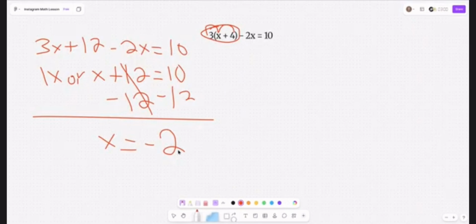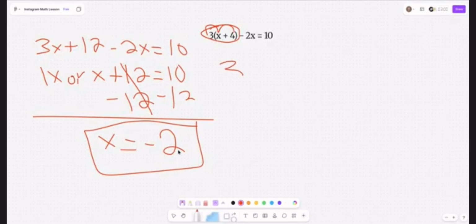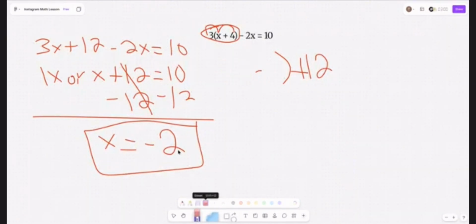And if you're ever nervous about your answer being wrong, you can take this number and put it back into the equation for all the places that there is x. So you have 3x, which now we know x is negative 2, so we're going to put that here, plus 12. This is supposed to go to the actual problem.